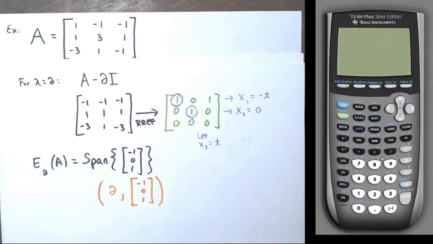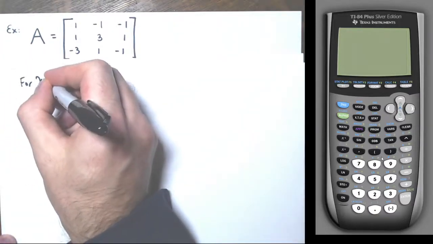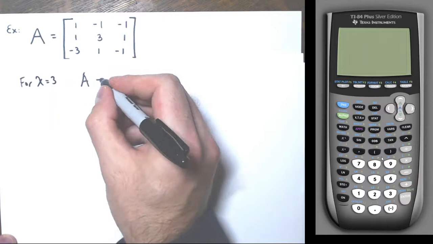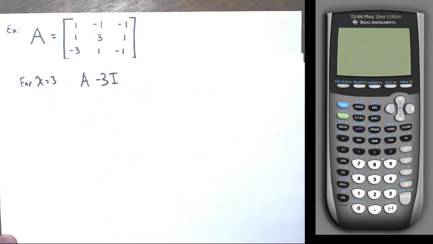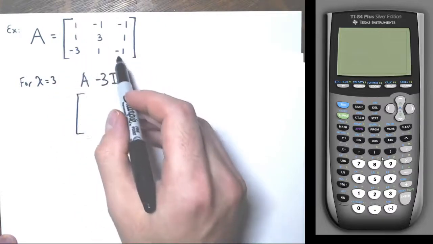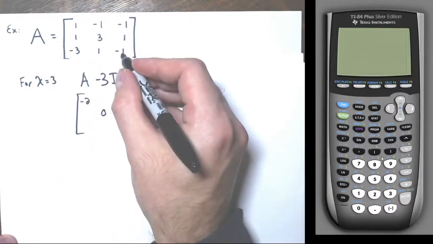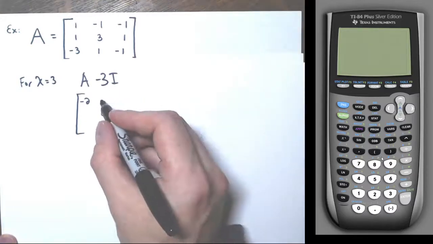And then finally for the third one, lambda equals 3. Just doing the same stuff. For lambda equals 3, we're looking at A minus 3I. What does that matrix look like? Just subtracting 3 down the main diagonal: 1 minus 3 is -2, 3 minus 3 is 0, -1 minus 3 is -4, and everything else stays the same.